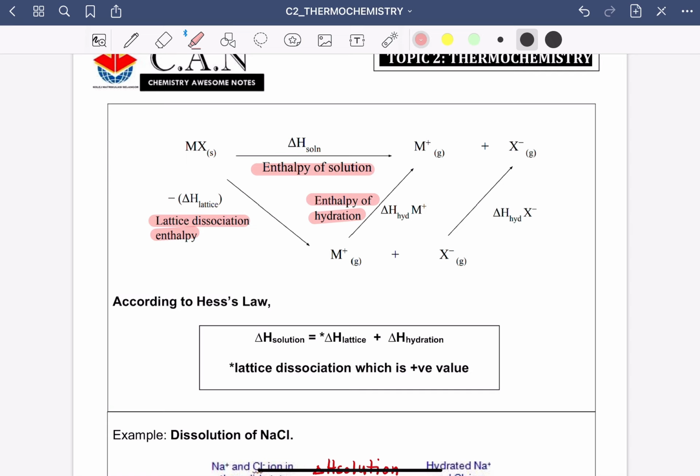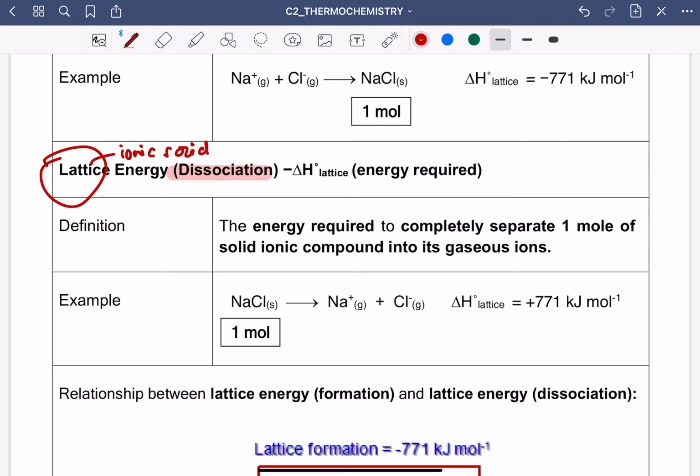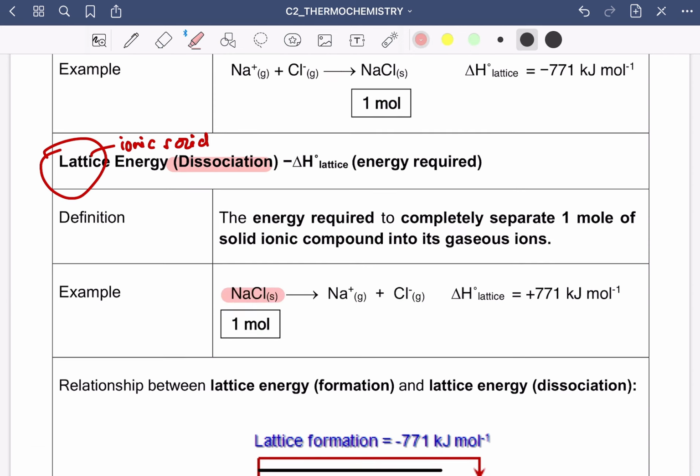Okay, so again, lattice dissociation must be from solid ion and it must produce sodium gas ion, positive ion gas and negative ion gas.